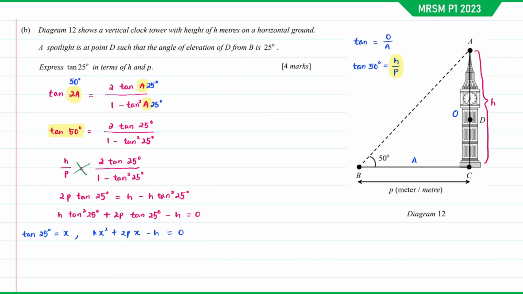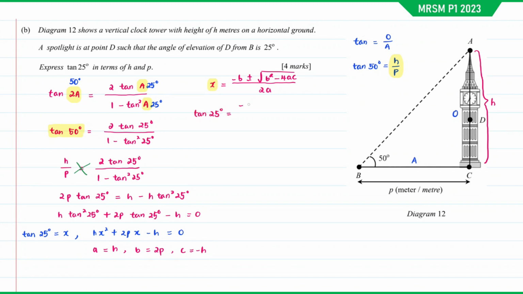If you let tan 25 degrees be x, you get hx² + 2px − h = 0. To express tan 25 in terms of h and p, we are going to use the formula because we are not able to factorize this. Based on the equation, a is equal to h, b is 2p, and c is equal to negative h. The x here, we replace as tan 25 degrees.